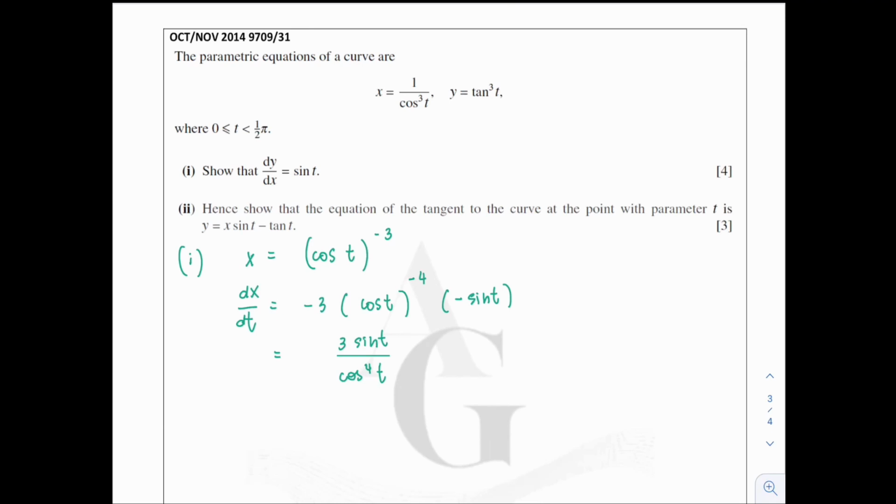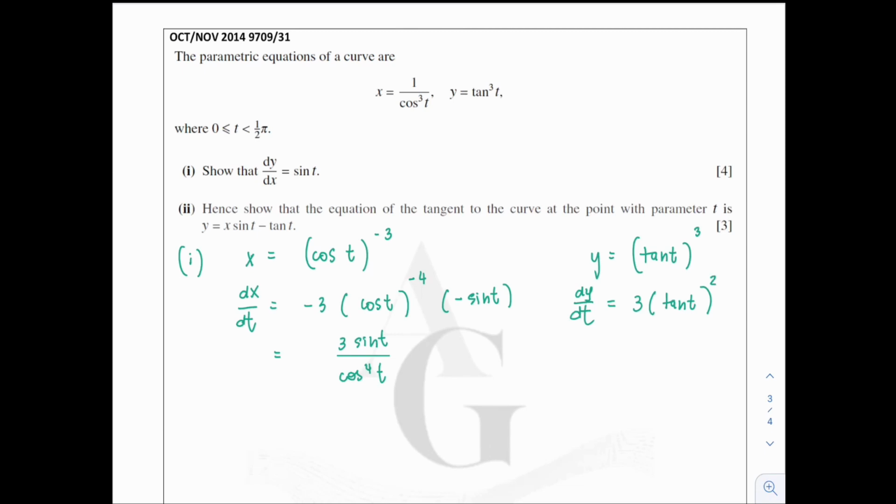That's my dx/dt. As for y, it's expressed in terms of tan cubed t, so I'll write it in this form, bringing out the power so that it's easier to differentiate later. The derivative here should be, same step, the power brought down, becomes 3, then tan t to the power of n minus 1, so power 2.